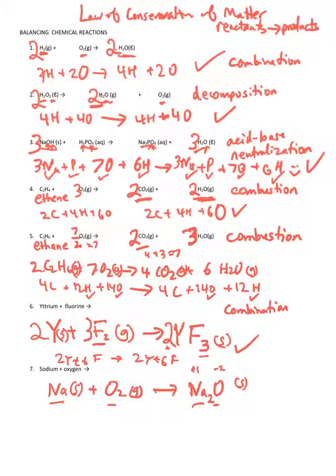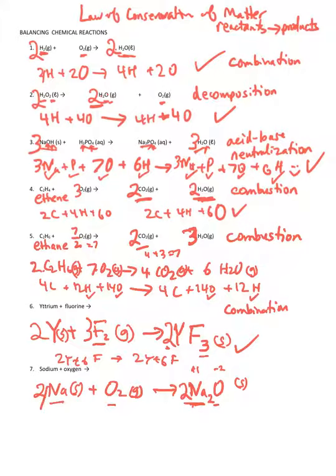So now let's balance the atoms. 2 sodium on the right. Let's try 2 in front of the sodium. 2 oxygens on the left, I've only got 1 on the product side, so I need to put a 2 there. But now I have 4 sodiums on the right. Like I said, this is a trial and error process.